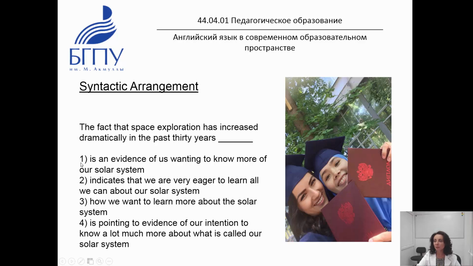Let us consider number 1. So, is an evidence of us wanting to know more of our solar system. At first sight, we can spot the predicate here. The fact is, everything is okay. But then comes the word evidence with the indefinite article, which contradicts the general grammar rule, which says that words like evidence, knowledge are uncountable nouns, and uncountable nouns are never used with the indefinite article.